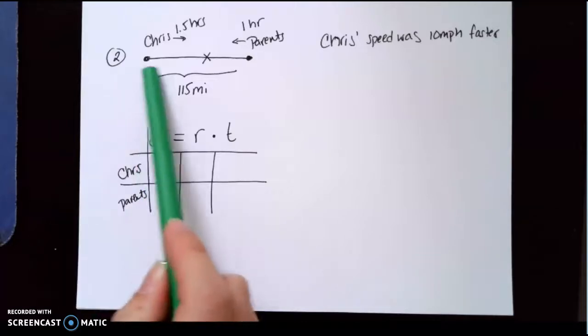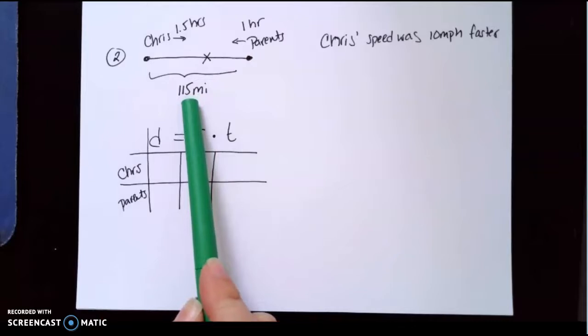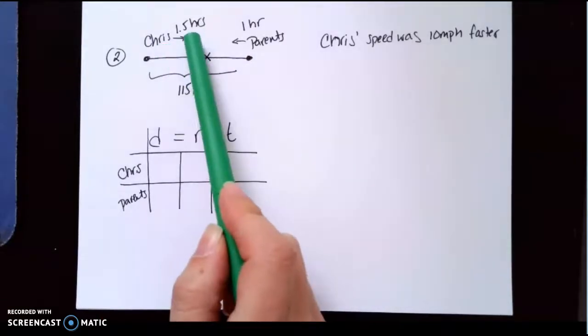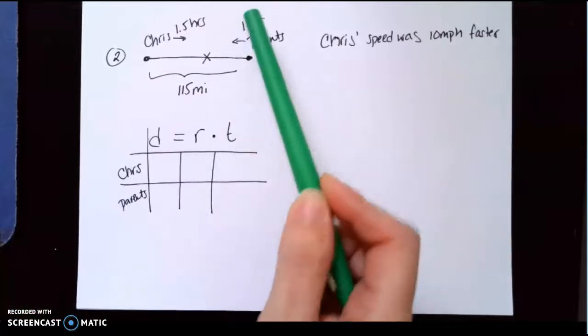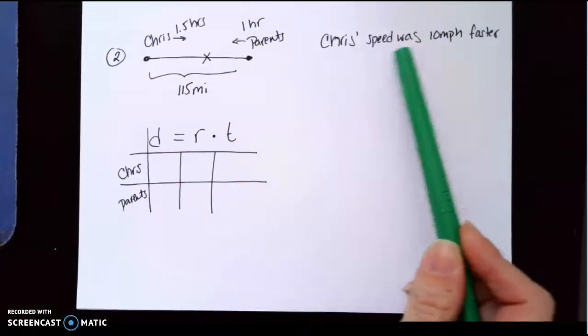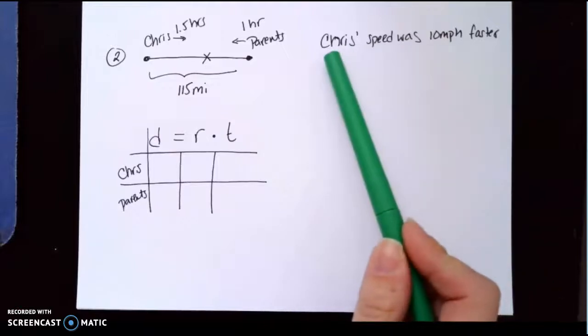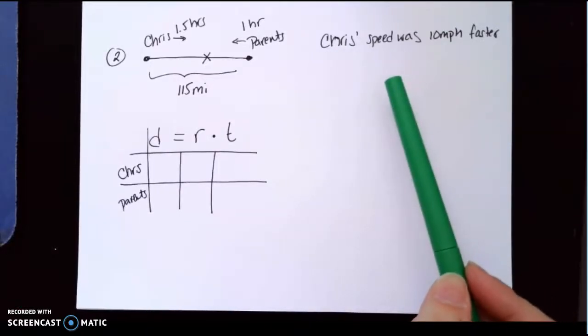We know the total distance that they live from each other is 115 miles. We also know that Chris travels for 1.5 hours and his parents travel for 1 hour. We were given some information about the rate. We were told that Chris's speed was 10 miles per hour faster than his parents.